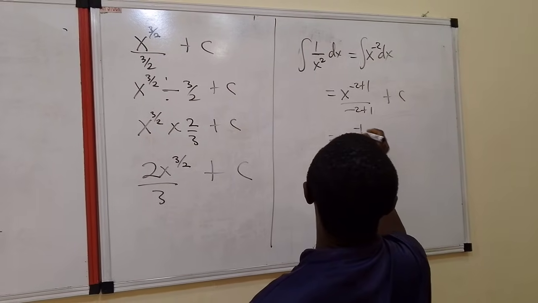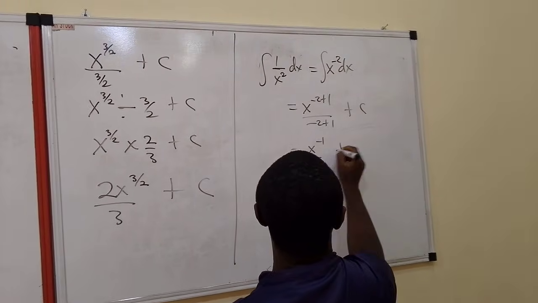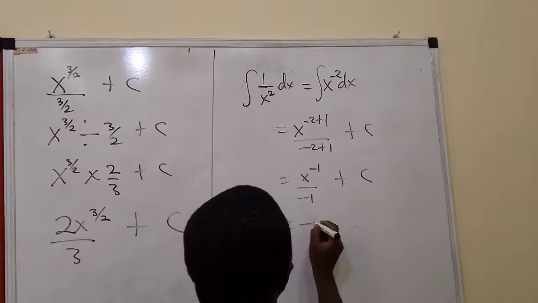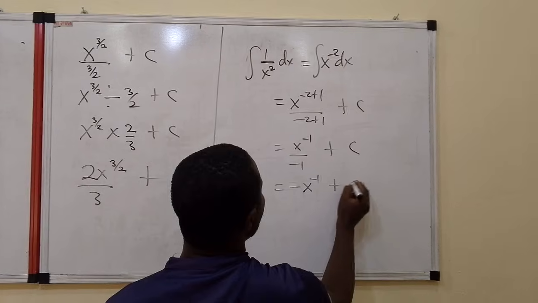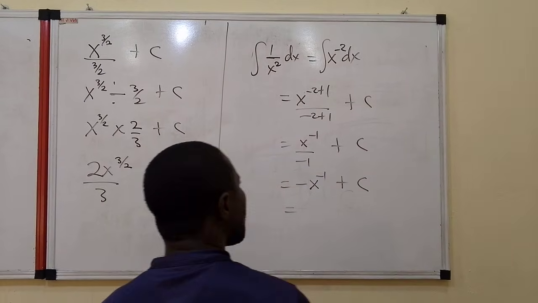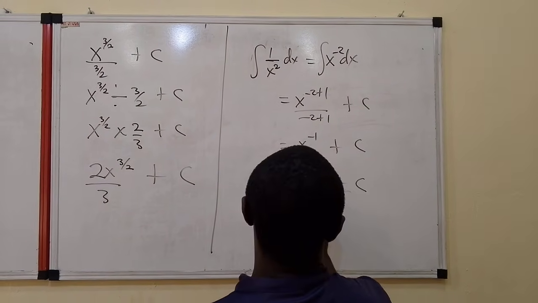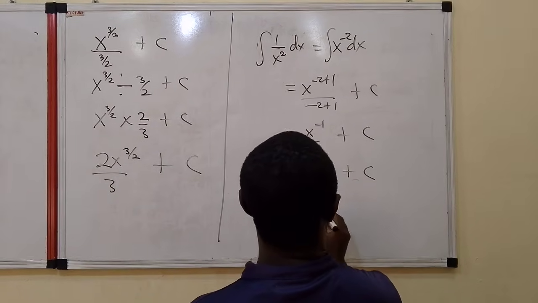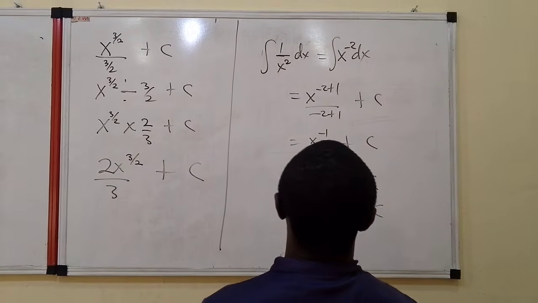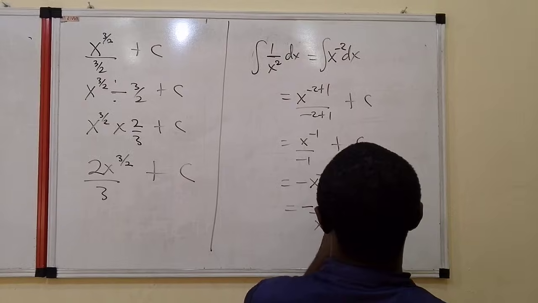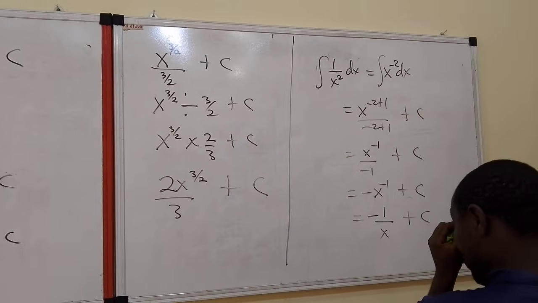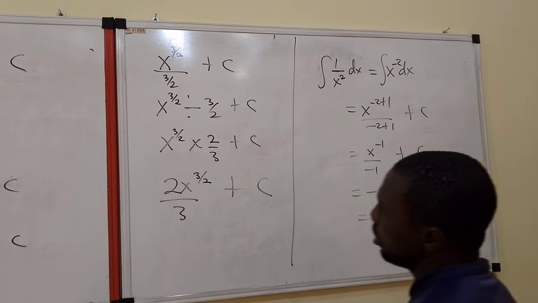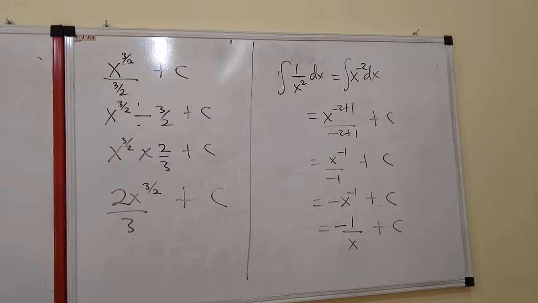That will give me x raised by minus 1 over minus 1 plus c. That will give minus x raised by minus 1 plus c, which is the same thing as minus 1 over x plus c. X raised to the power of minus 1 is 1 over x. So I have minus 1 over x plus c. That's the final answer.